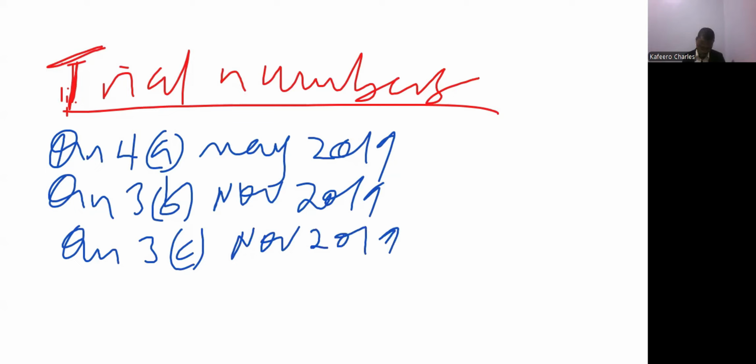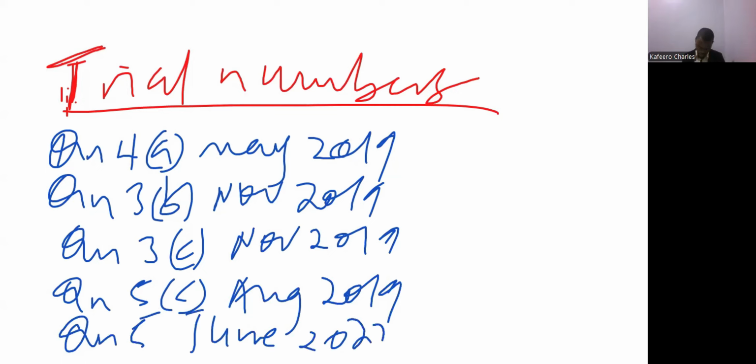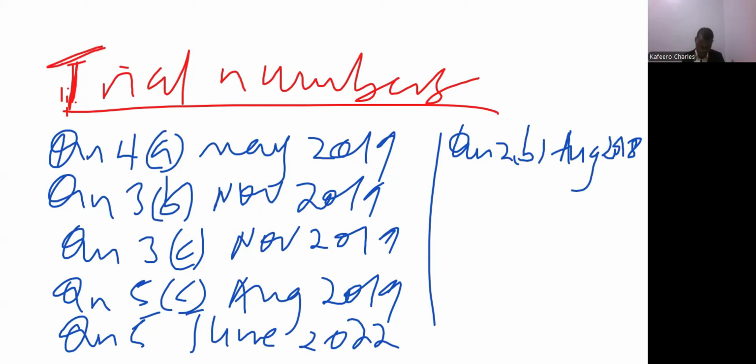We have question 5, part C, August 2019. We also have question 5, June 2022. We also have question 2, part B, August 2018. We also have question 2, part B, November 2019.